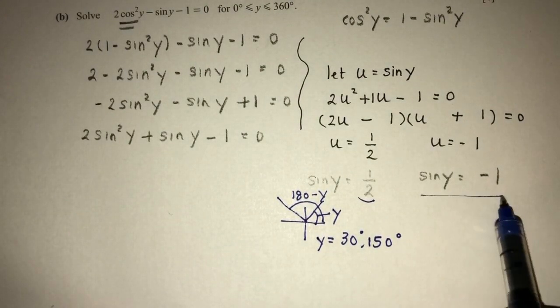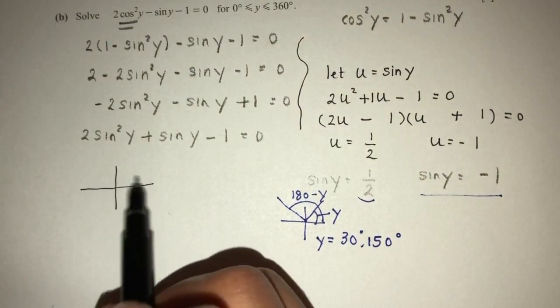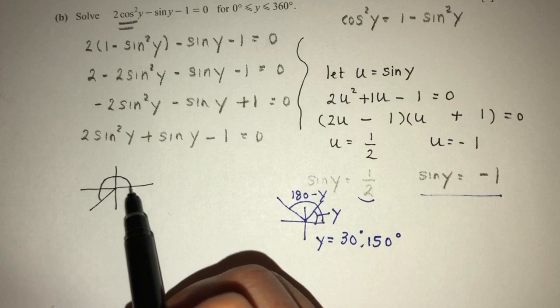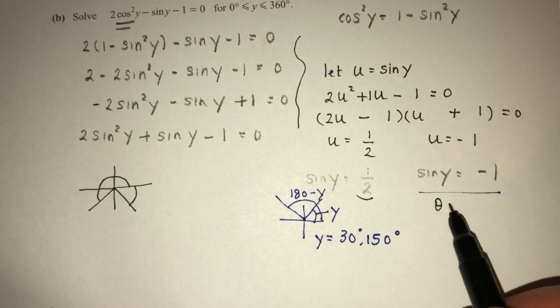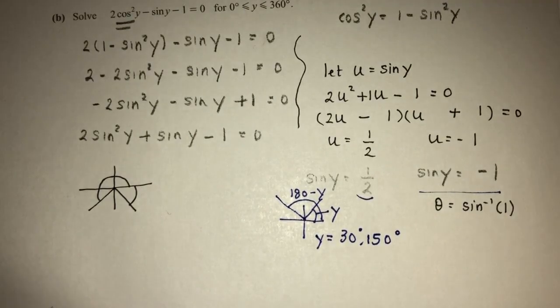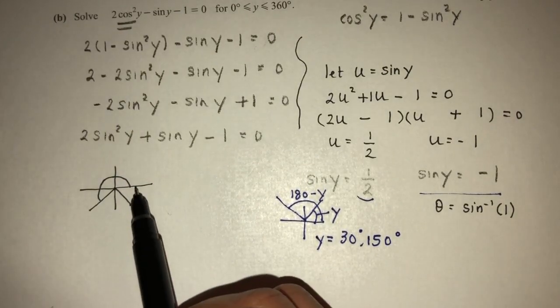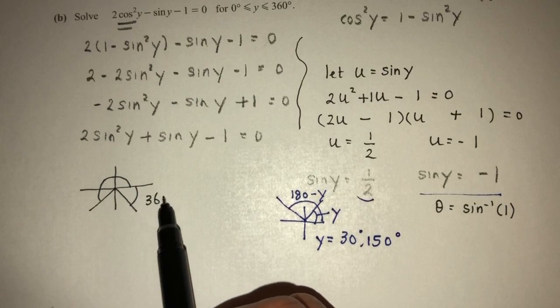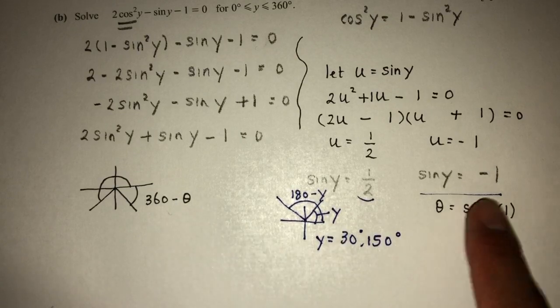Now, for this one, when sine is negative, it has to be in your third quadrant and your fourth quadrant. Again, the same way as we have solved before, because it is negative, I will first try to find the value of theta. Theta will be sine inverse of the positive value. That's my trick, okay? Now, let's first write this down. So if it is in the fourth quadrant, it will be 360 minus theta. So now I'll only write this because it is a negative value.